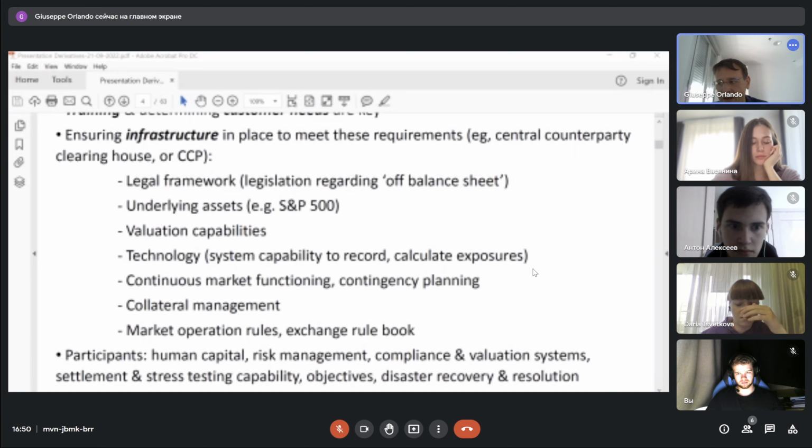Most derivatives and most bonds are traded over the counter. It means that there is no regulated exchange, and this means that there is the possibility of a default, either from the one that should provide the security or from the one that should provide the money. It's clear what I mean?